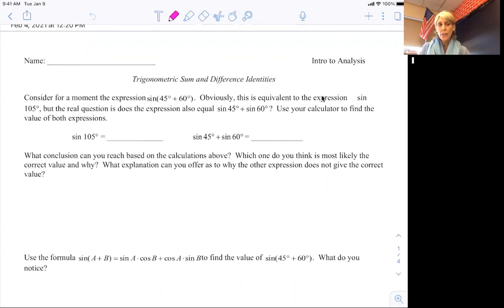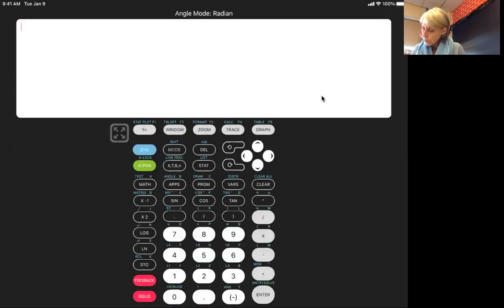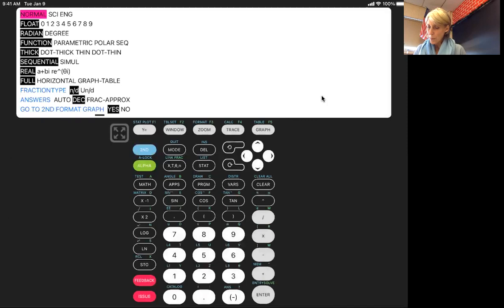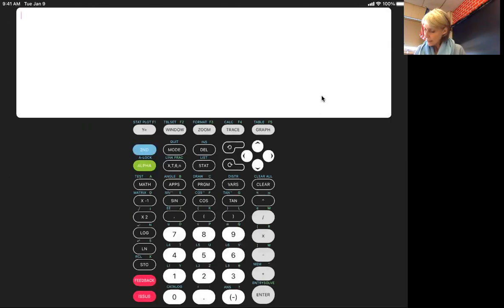So we're going to use our calculator to find the value of both expressions. When you do this, you want to be in degree mode. And we're going to find the sine of 105 degrees. And we get 0.966.